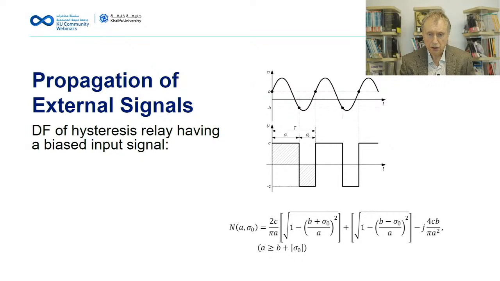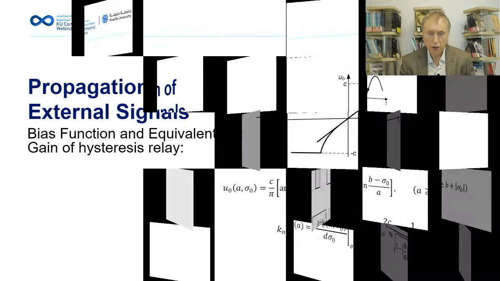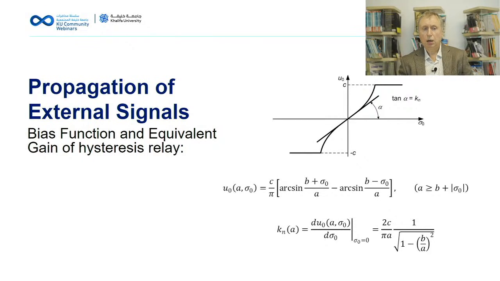Here we have the describing function. And now we would like to obtain the bias function. Bias function is the dependence of U0 on sigma 0 at a certain given value of the amplitude A. And the bias function is shown here by this plot.